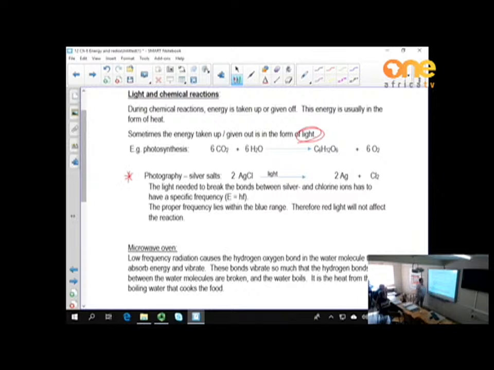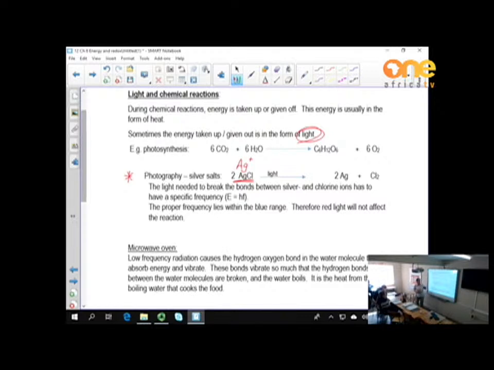Here's another one that is interesting. When we have silver salts, in other words, over here, I actually have silver ions. So if I have a silver salt in solution and I expose that solution to light, we find that the silver ions in solution form very light yellow or colorless solutions.